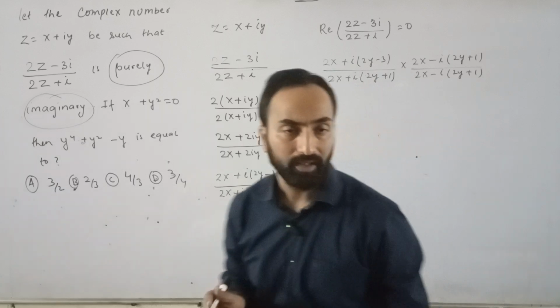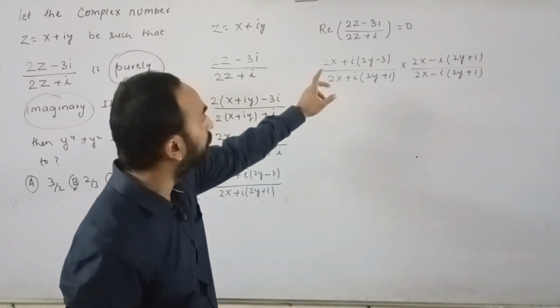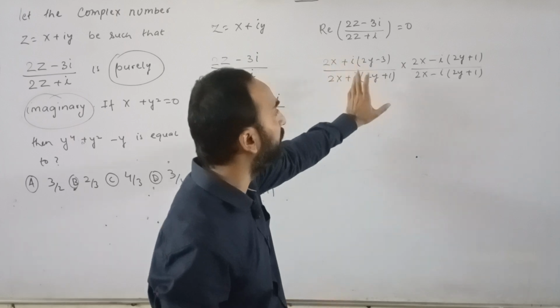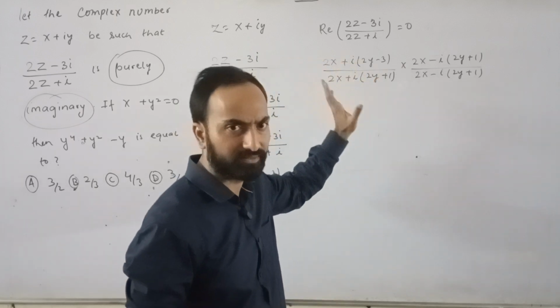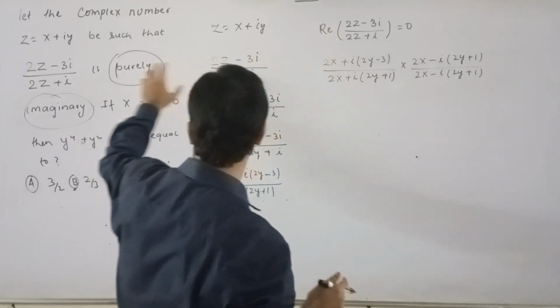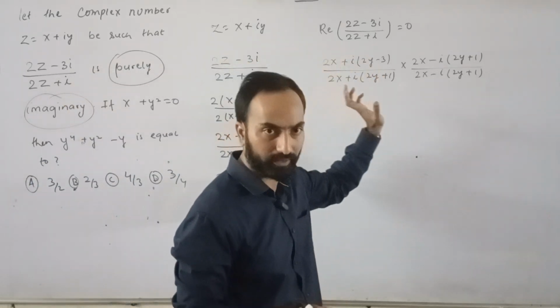Till here it is correct. In the multiplication we will not multiply where the term is imaginary, because it is purely imaginary, which means we are equating the real part to 0.